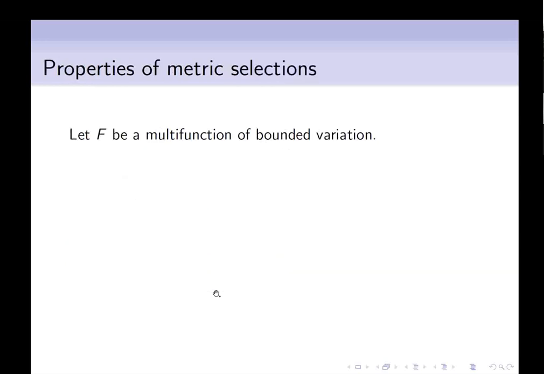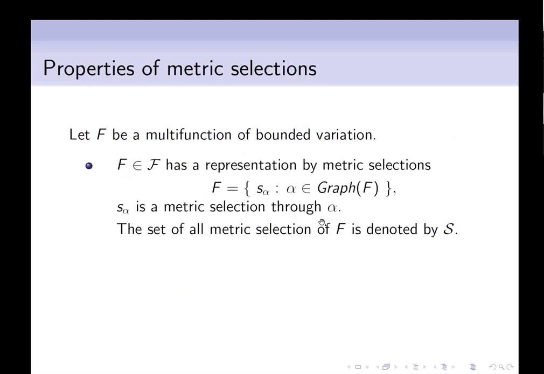Now, what do we know about these metric selections? Again, all properties stated here are for functions of bounded variation. We show that through any point of the graph of F, there exists at least one metric selection. So we immediately have a representation by these metric selections.